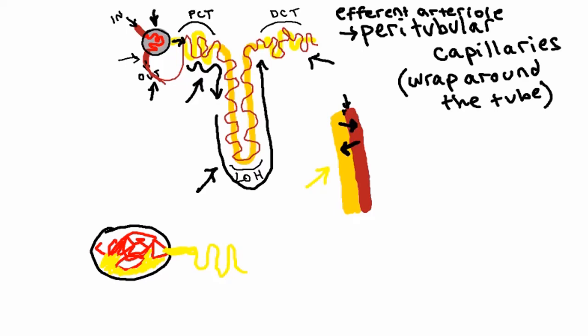So when the filtrate is first coming out of the capillaries in the glomerulus, that is called filtration.